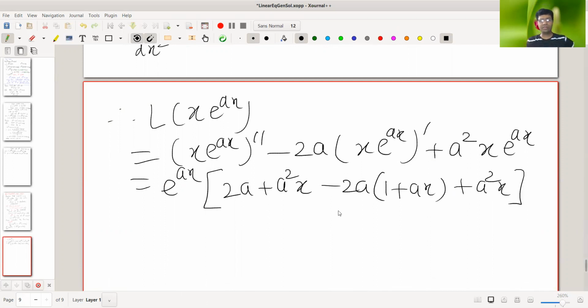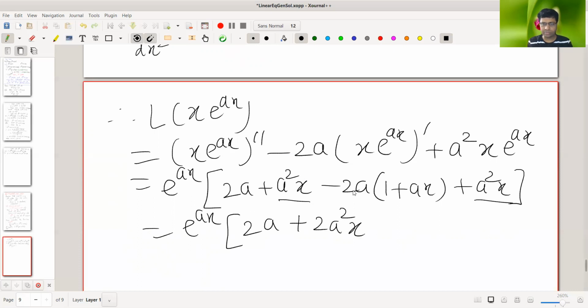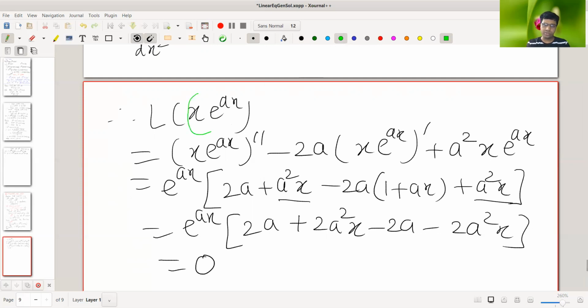Okay, so this is e raised to ax multiplied by 2a plus a square x, this a square x and this a square x, it is 2 a square x, minus 2a minus 2 a square x. So we have 0. So L of something is 0 means that is a solution of L of y equal to 0. Okay, so this important thing is nothing but a solution of L of y equal to 0.